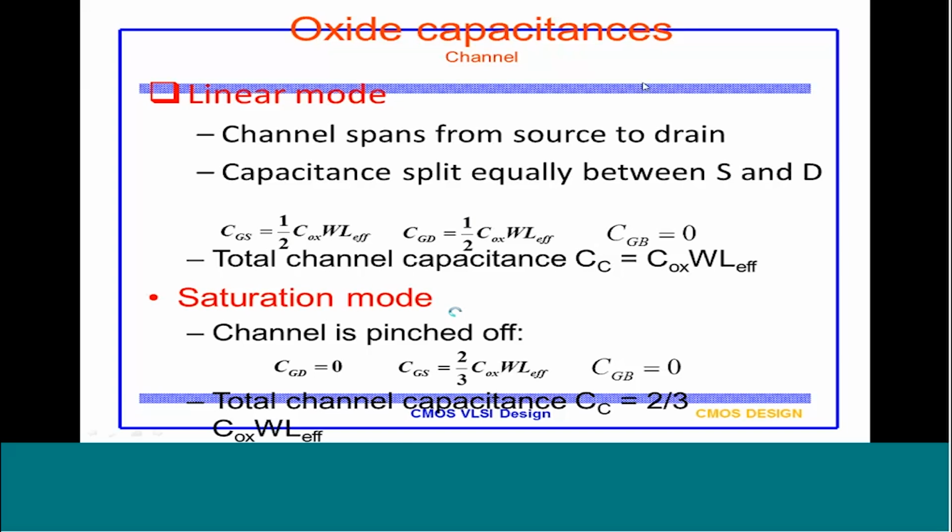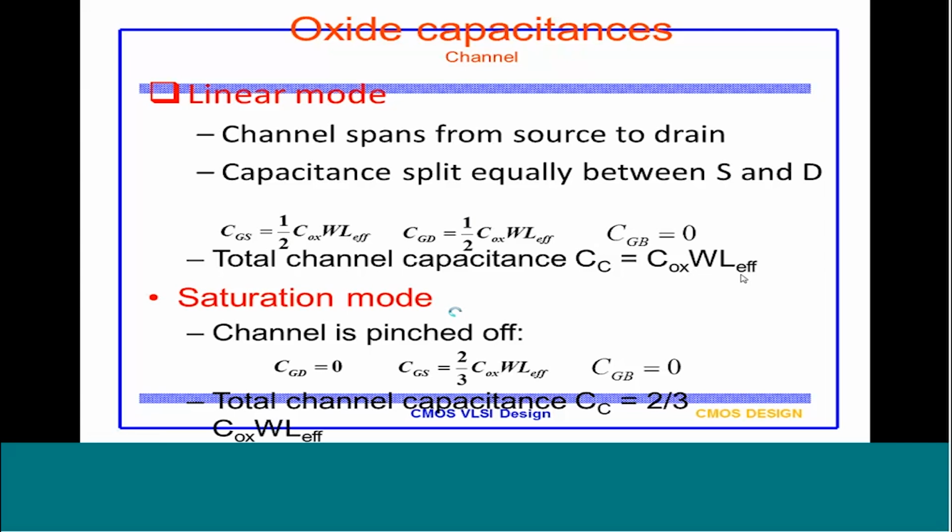The CGS, which is the capacitance between gate and source, and CGD are equally divided, half and half. So the total channel capacitance, as we saw earlier, is CG equals Cox W L effective, and L effective is nothing but L, in this case the complete length.